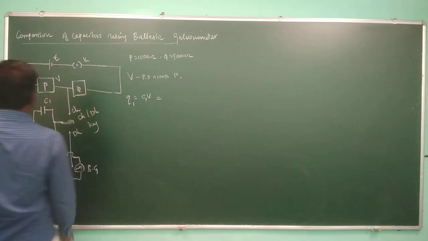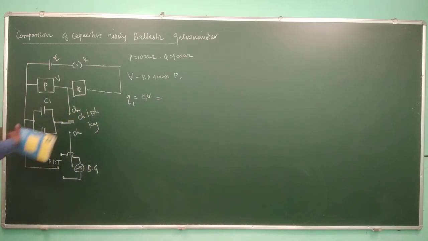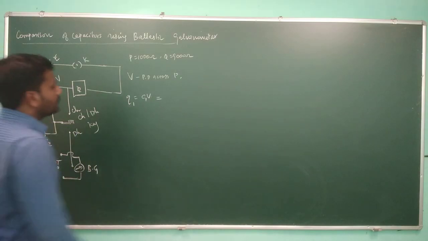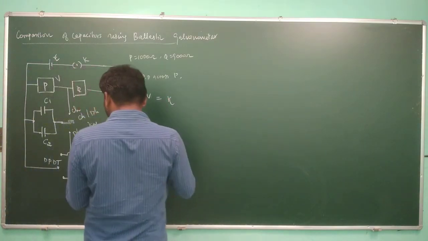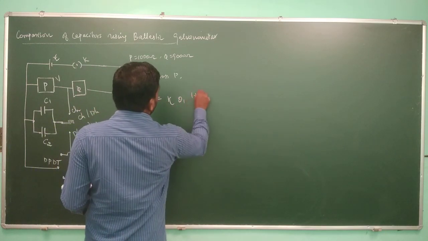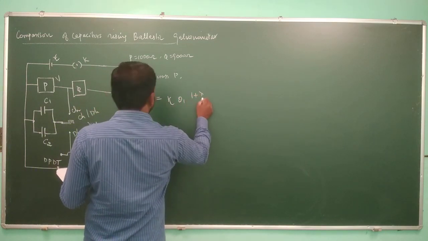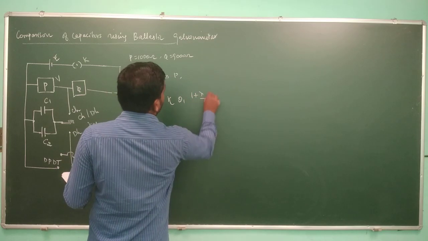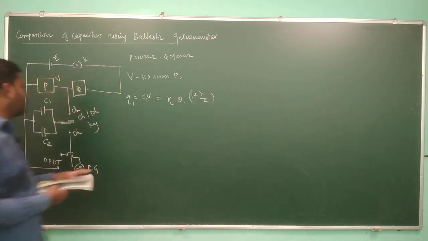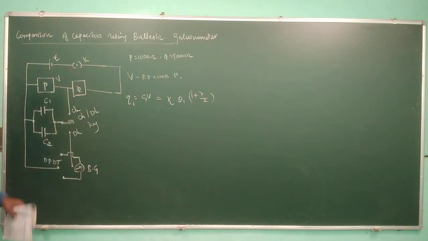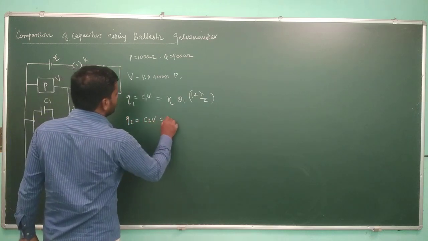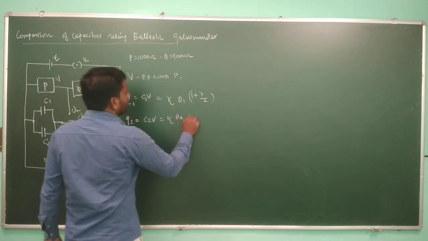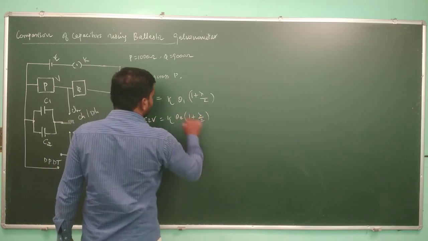It is the equation for the maximum deflection in the ballistic galvanometer if this capacitor is absent. So what would be the equation for the maximum deflection? It is K multiplied by theta 1 into 1 plus lambda by 2. So this is the charge on the first capacitor. In that line we can write the charge on the second capacitor, Q2 equal to C2V, which is equal to K times theta 2 into 1 plus lambda by 2.